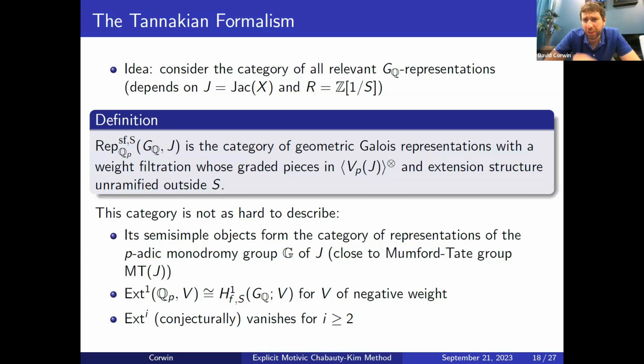And at least conjecturally, it's closely related to the Mumford-Tate group. So if you know the Mumford-Tate group of an abelian variety, this is closely related to that.